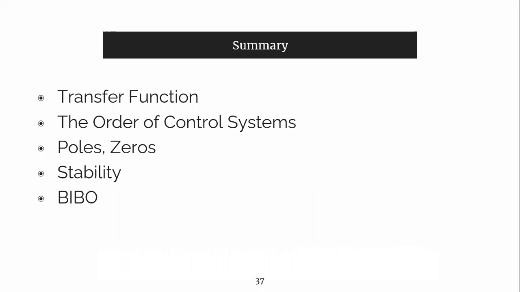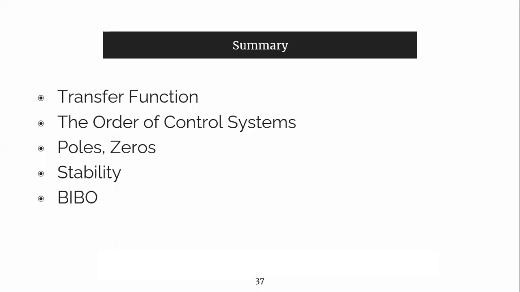So in short, today we have studied the transfer function, how it goes from the time domain to the frequency domain via Laplace. It is denoted by G of s, and this G of s is nothing but the ratio of output divided by input. That is, y of t will be converted into y of s, and if you are taking x of t, that will be x of s.